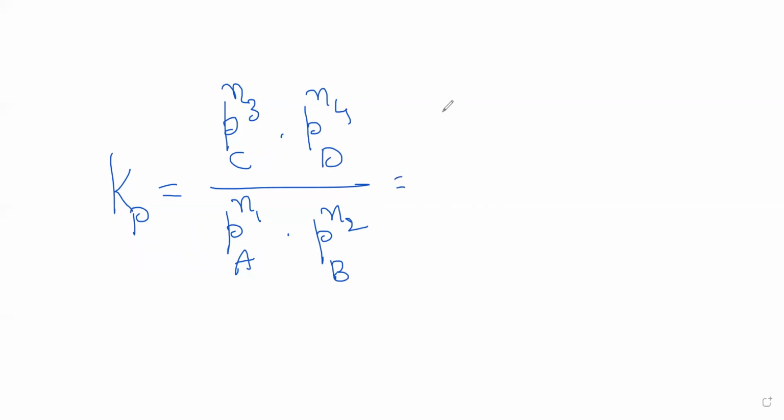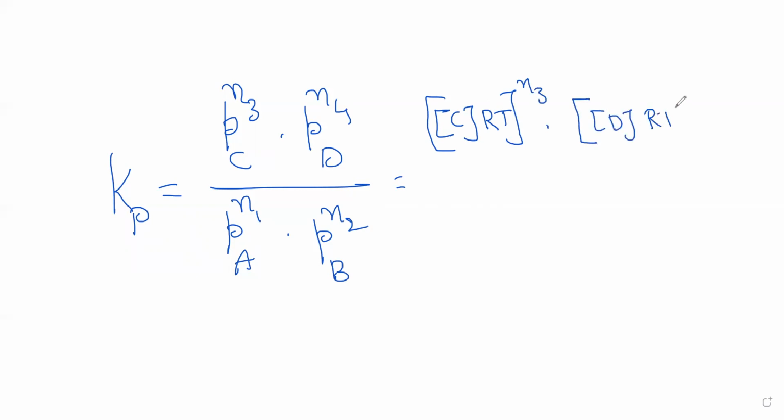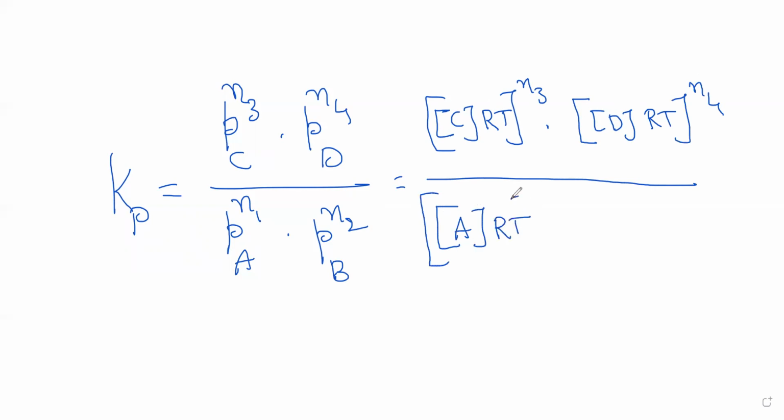So let us substitute: concentration of C into RT whole power N3 into concentration of D into RT whole power N4 divided by concentration of A into RT whole to the power of N1 into concentration of B into RT whole power N2. Right, note it.